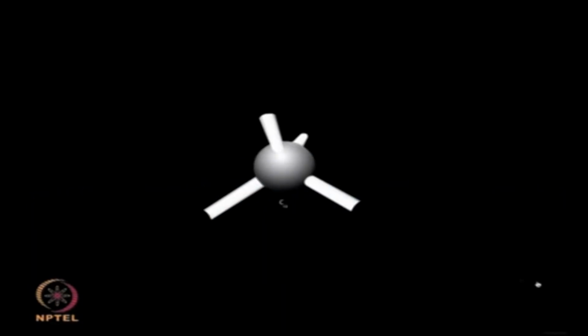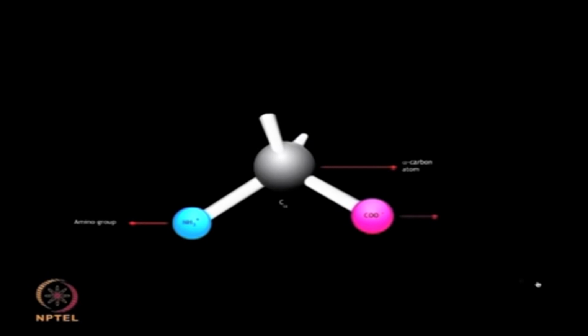Amino acids are the building blocks or monomers that make up proteins. They consist of a central alpha carbon atom bonded covalently to an amino group, a carboxyl group, a hydrogen atom and a variable side chain called the R group.